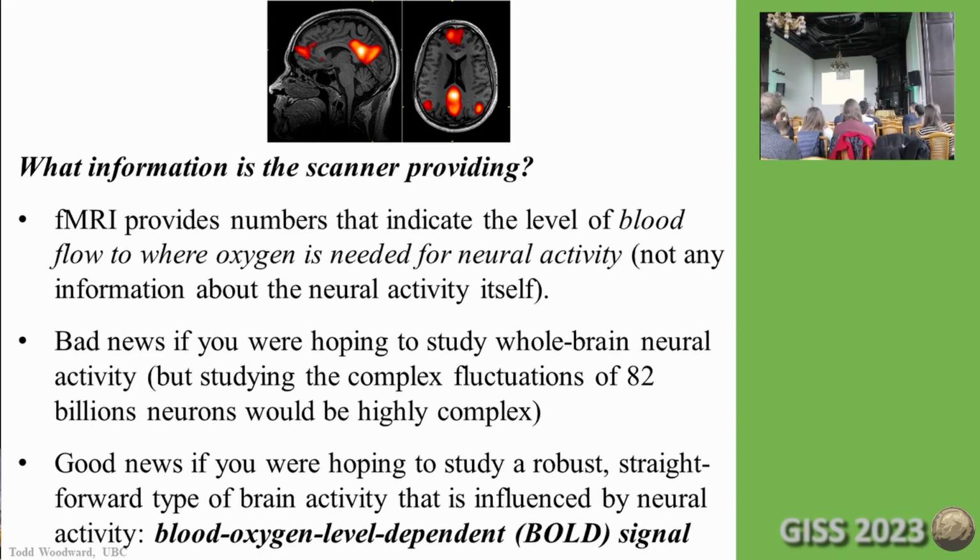Studying the complex fluctuations of 82 billion neurons would be a challenge, as we've seen. But if you're wanting to study robust, straightforward brain activity that is influenced by neural activity, the blood oxygen level dependent signal is really nice to study. It simplifies the activity of 82 billion neurons into a very simple measurement, which I'll talk about for this entire talk.